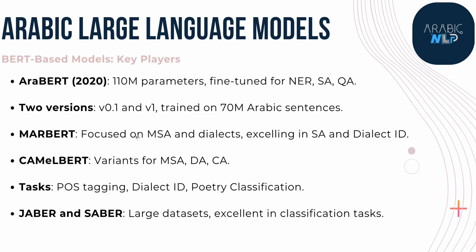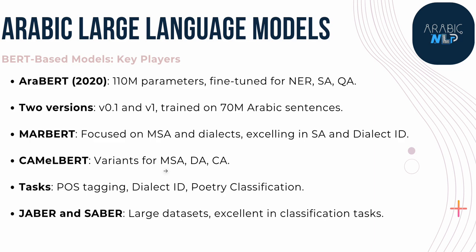We have CamelBERT, which expands the scope further, with variants optimized for dialect identification and poetry classification. We have larger models like Jabir and Saber, which take the Arabic BERT framework to new heights. Saber shows exceptional performance across multiple classification tasks.